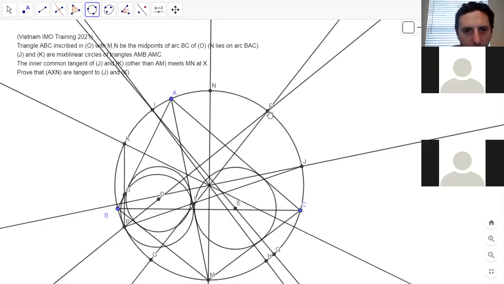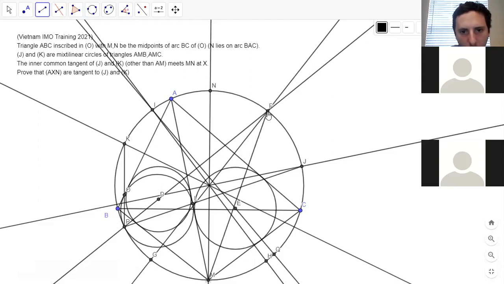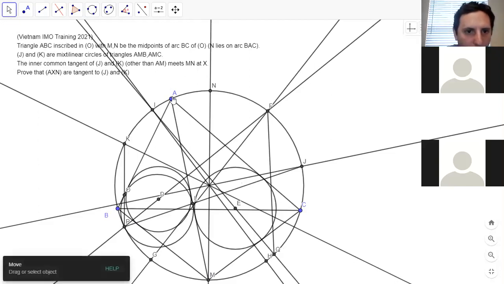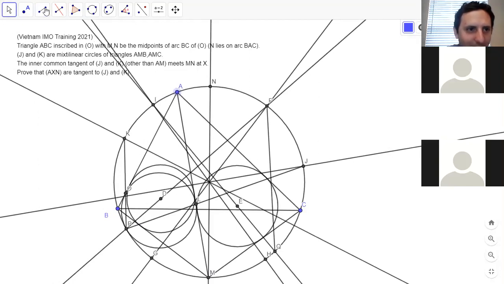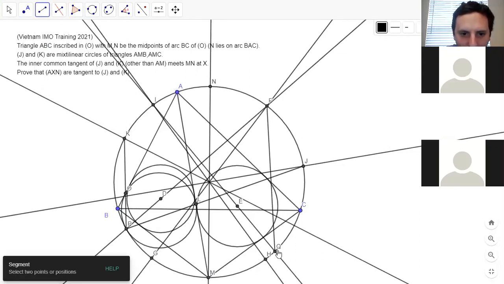Oh, I have that, that's F. Oh, but I want to draw, sorry, I want to draw QF, and then I want to draw this point actually. Look at how hard it is to draw mixtilinears. I wish there was an easier way in GeoGebra.